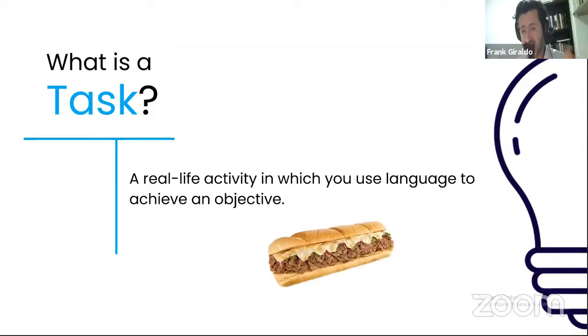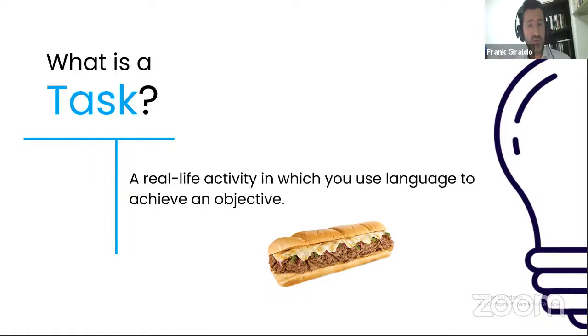In the previous task that we analyzed together, you definitely need to use language to get your sandwich. You cannot go there and just be mute and get your sandwich, especially if you want a particular type of sandwich. So this is a task. Does it happen in real life? Yes, we ask for food. If you want to go to a Subway and eat a sandwich, this is something that happens in real life.